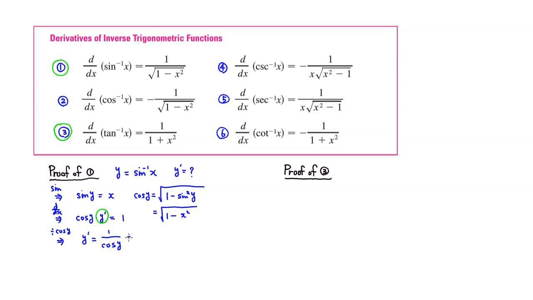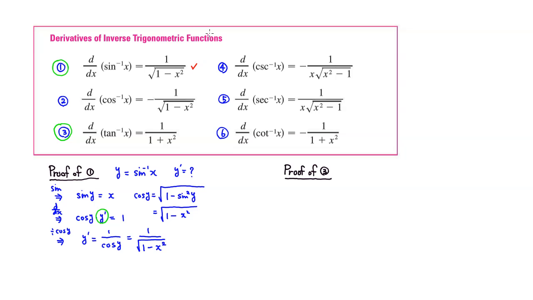So this is the same thing as 1 over the square root of 1 minus x squared. So a little trig identity allows you to rewrite it to what we want. All right, so we verified number 1.